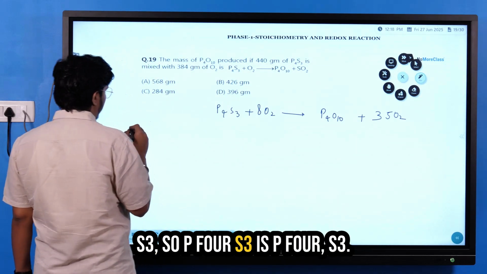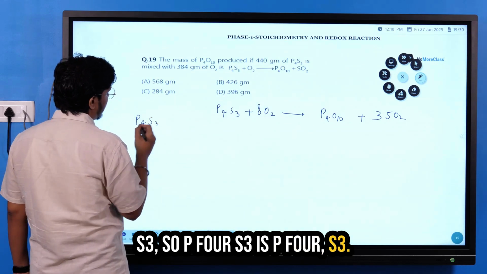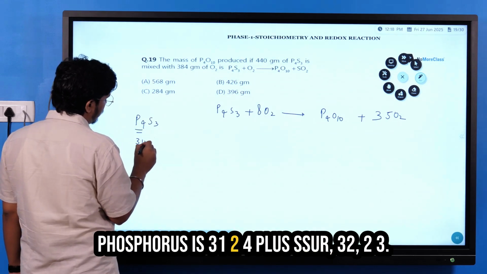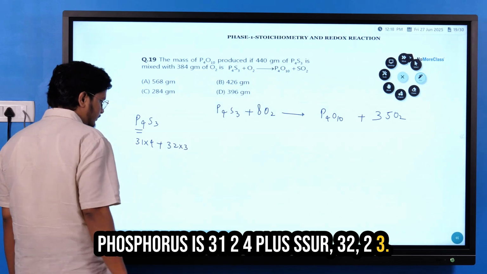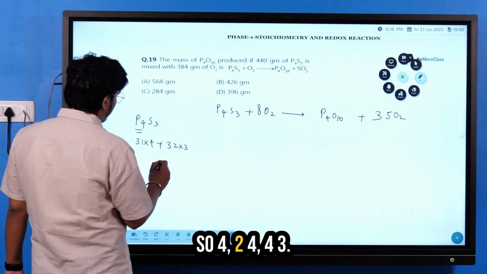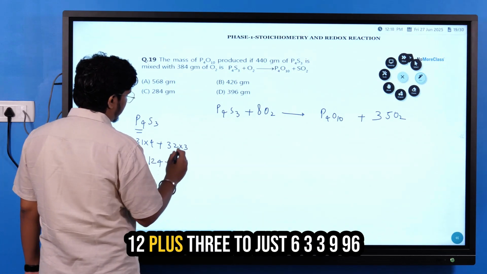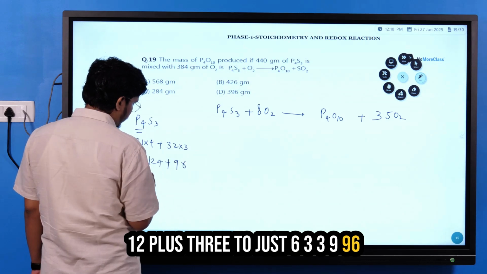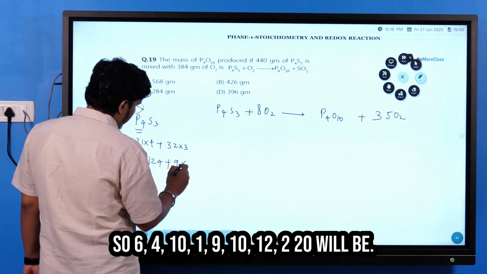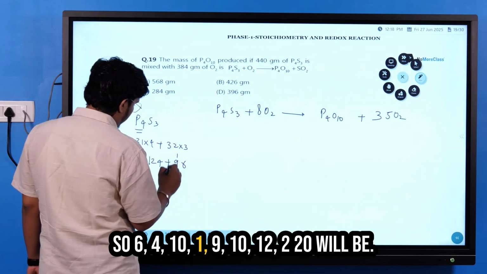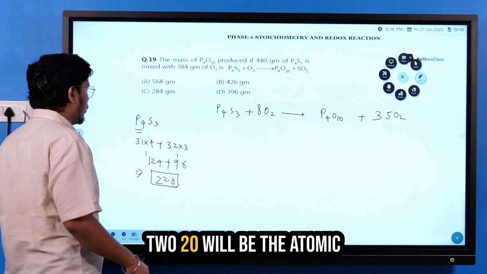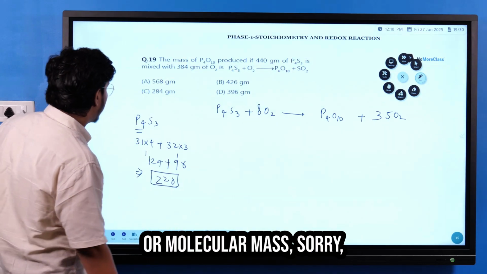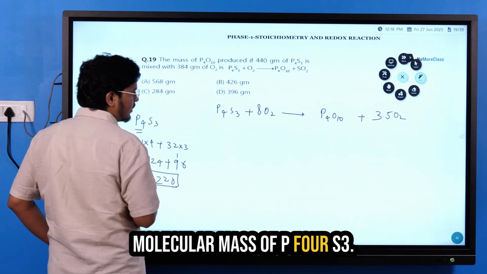So P₄S₃, phosphorus is 31 into 4 plus sulfur is 32 into 3. 4 times 1 is 4, 4 times 3 is 12, plus 3 times 2 is 6, 3 times 3 is 9, 96 will be there. If I add them, 220 will be the atomic or molecular mass of P₄S₃.